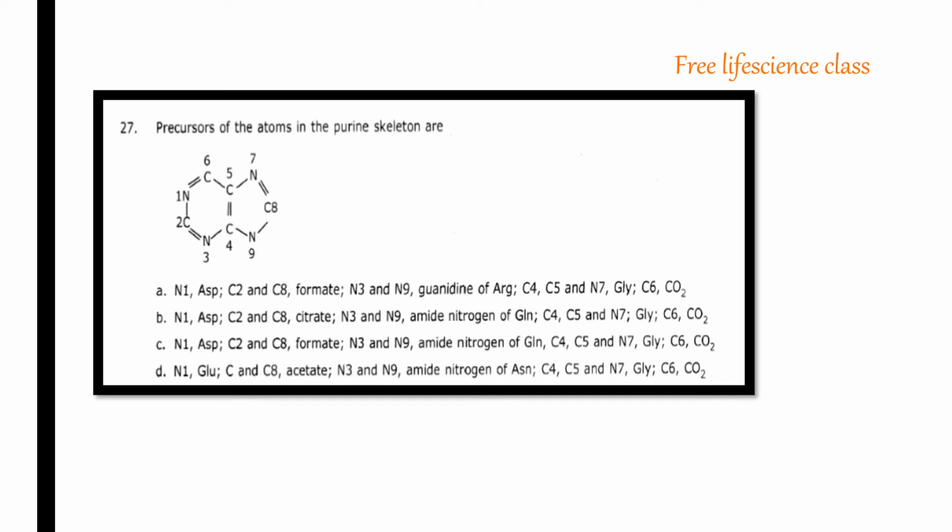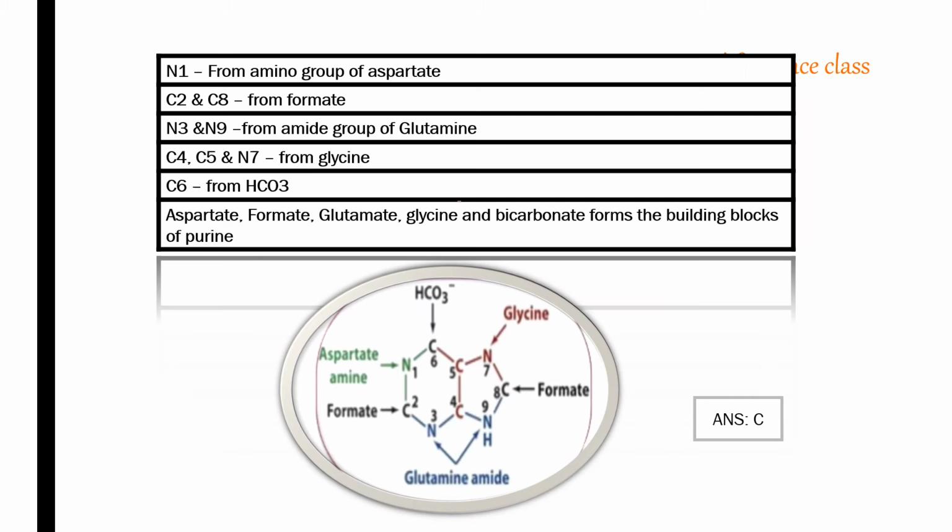The correct answer for this question is option C, that is N1 from aspartate, C2 and C8 from formate, this is C2 and this is C8, and N3 and N9 from amide nitrogen of glutamine, and C4, C5 and N7 are from glycine, and C6 is from bicarbonate. Here it is given as carbon dioxide, no problem. So we can go for the answers.